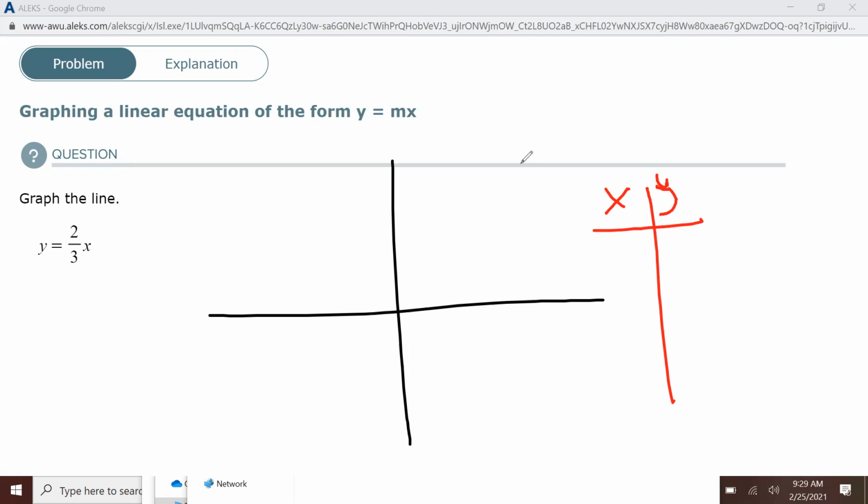So if we pick x equals 0, then we would have 2/3 times 0 is 0. So the point 0, 0 is on the graph. What if we pick x equals 3? Then we plug 3 in for x.